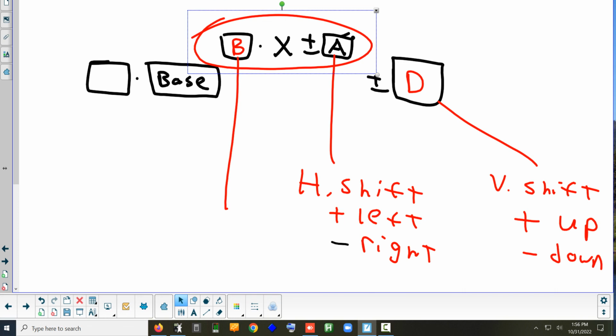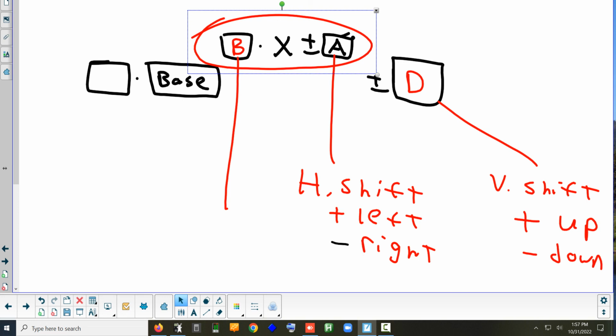Is it going to be a horizontal or a vertical? Vertical. Well, was A vertical? No, because A is up in the exponent, and B is also up in the exponent.